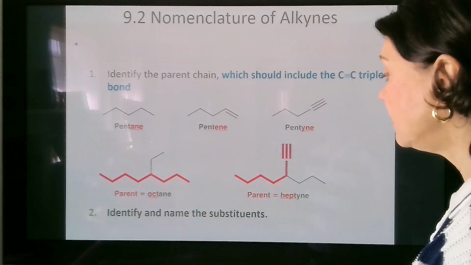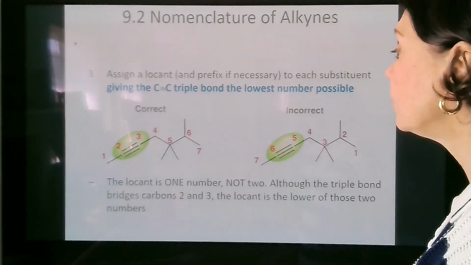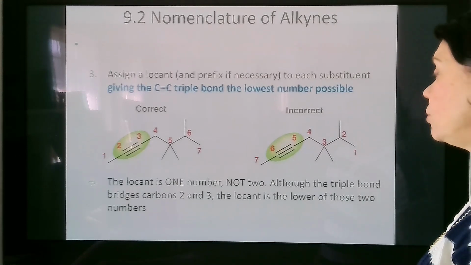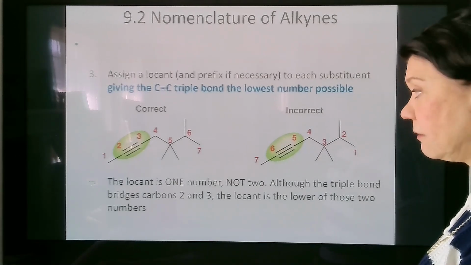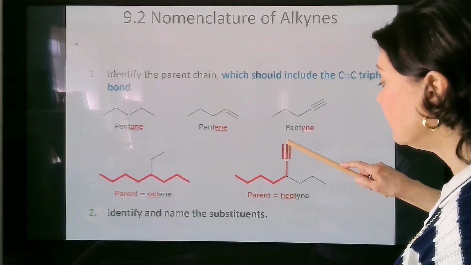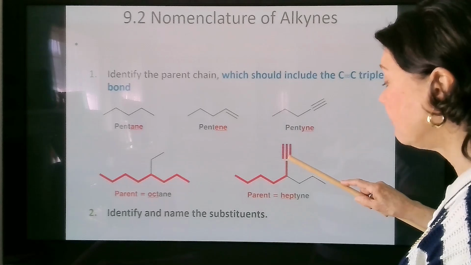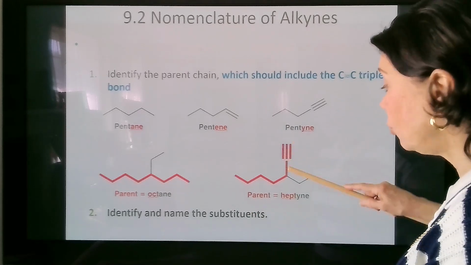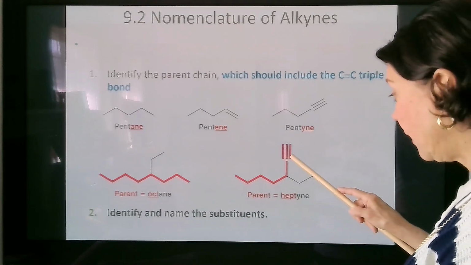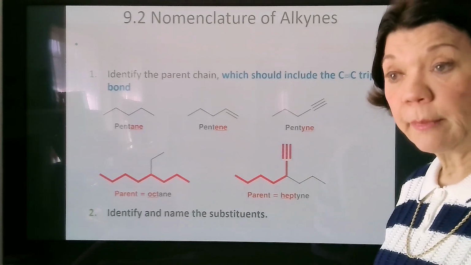Now look at identify and number the substituents. So you assign a locant to the substituents. Let's go back and look at this one. We'll finish this one. So here, this would be an alkyne that starts at the 1 position. You don't have to say 2 because it's only 2 carbons long. So as soon as you specify 1, you know that the other carbon involved in the triple bond is number 2.